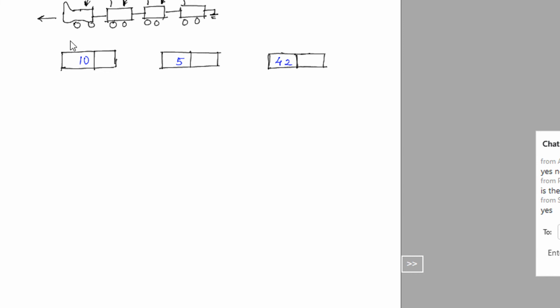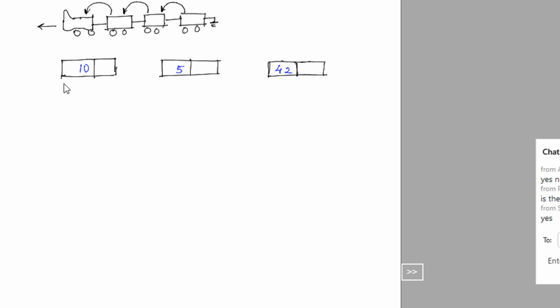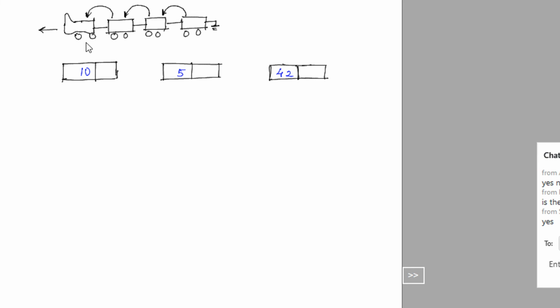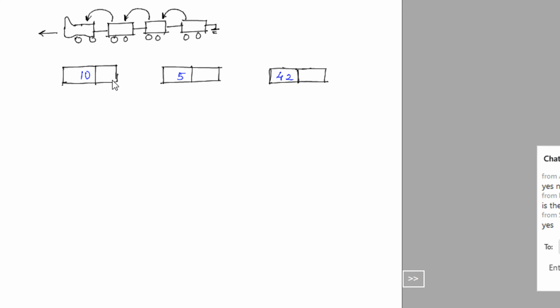You can just assume these are like the bogies of a train, and this is the engine. Let me write, this is the engine element, this is coach 1, and this is coach 2.